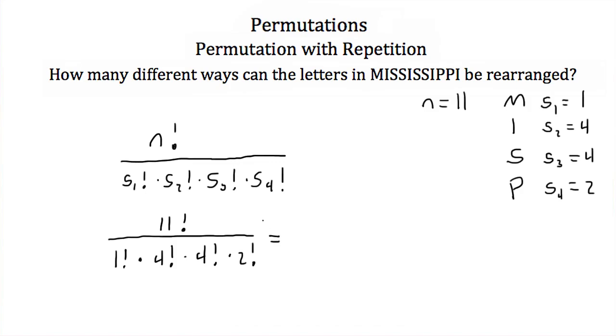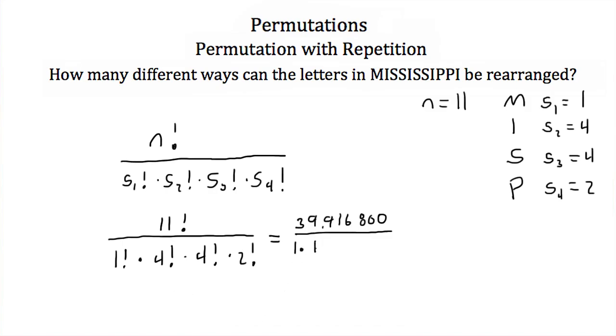Well, 11 factorial is 39,916,800. This is divided by 1 factorial, well that's just 1.